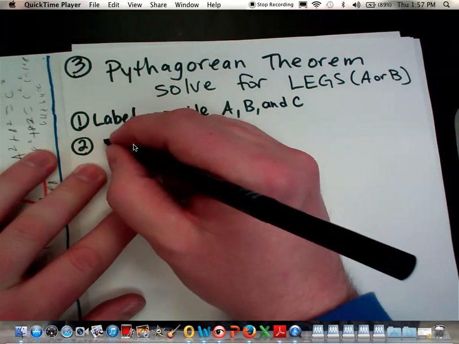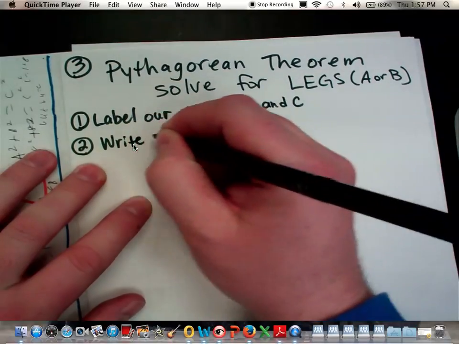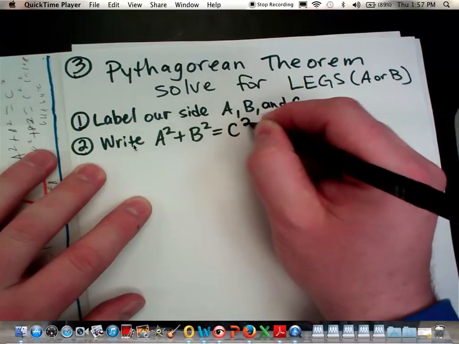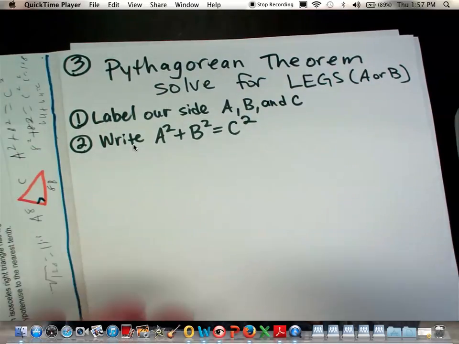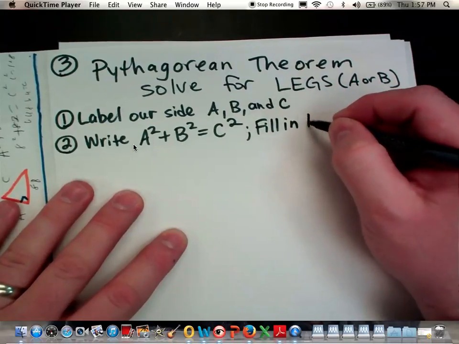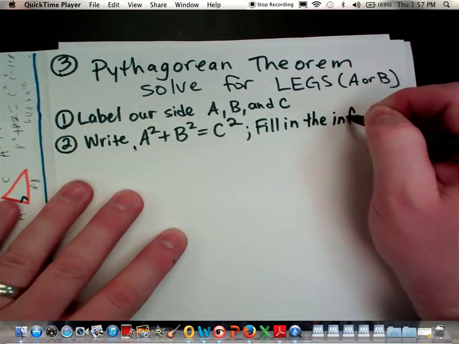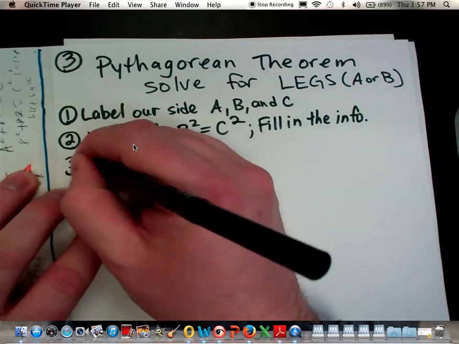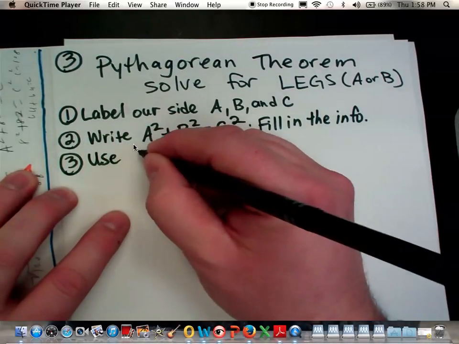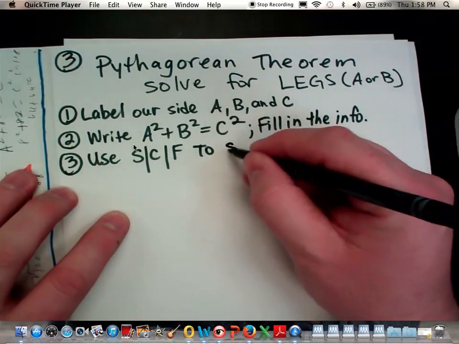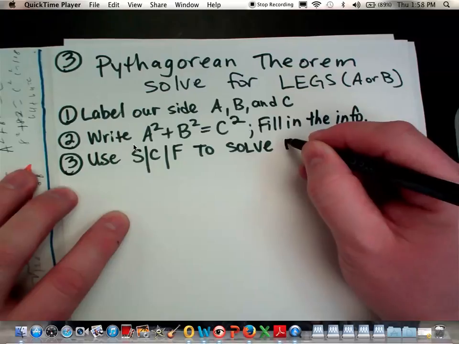The second thing we need to do is write down our A squared plus B squared equals C squared. Then we're going to fill in the info. Number 3, we're going to use my start, change, finish to solve the equation.